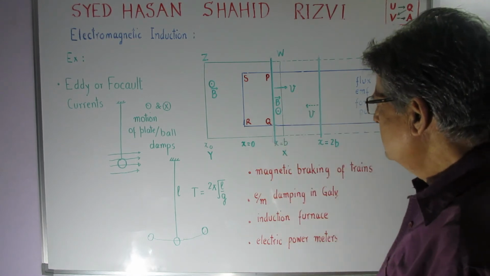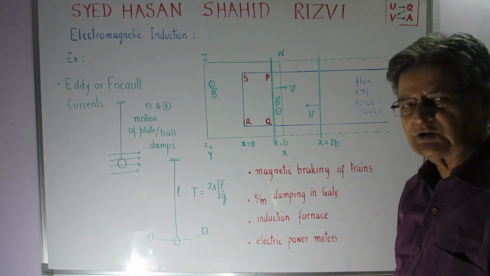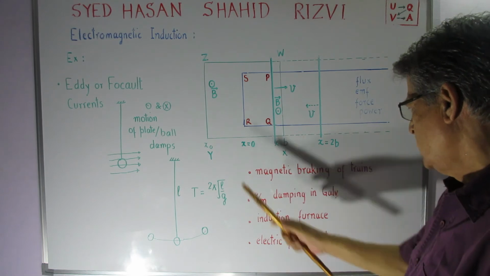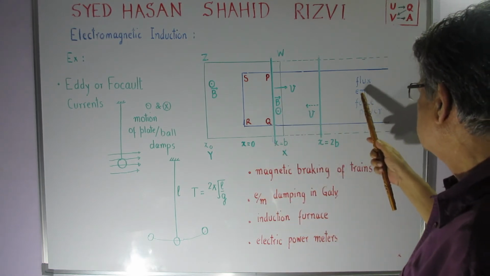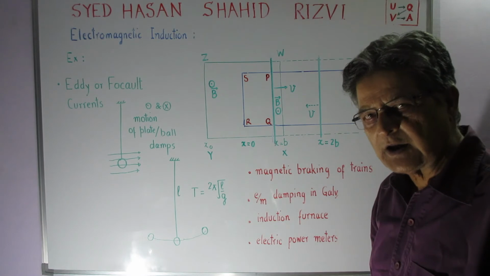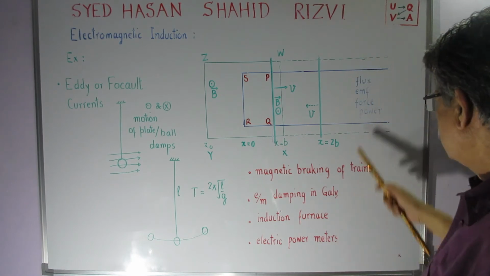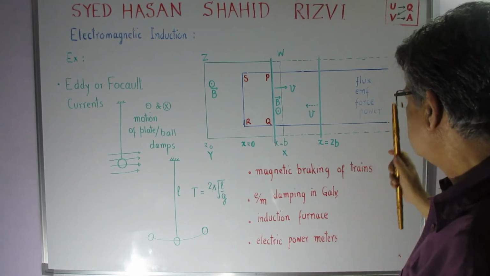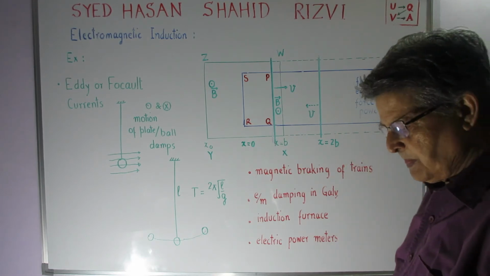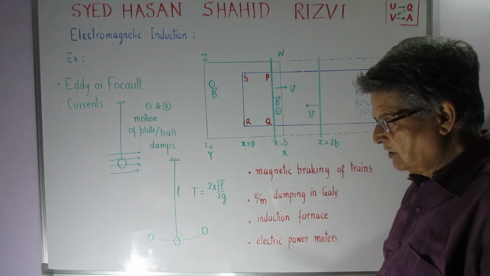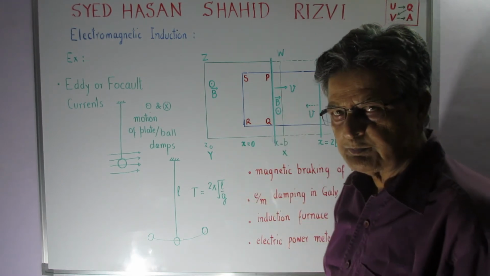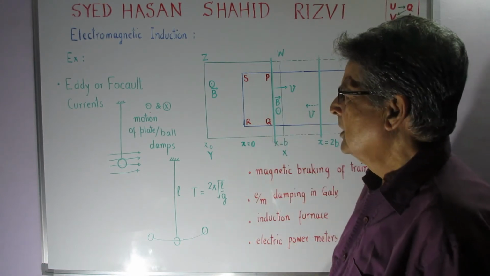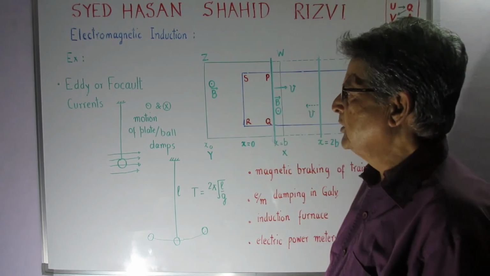The values are given, and normally we are asked to plot the flux as a function of x, the EMF that is developed as a function of x, the force that is there as a function of x, and the power as a function of x. I will not indulge myself in that exercise. It's easy, and you must do it all by yourself.